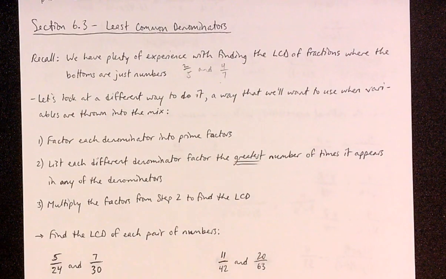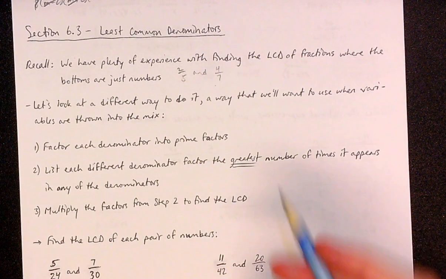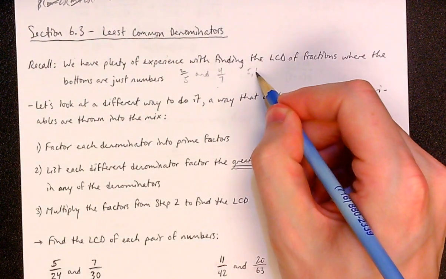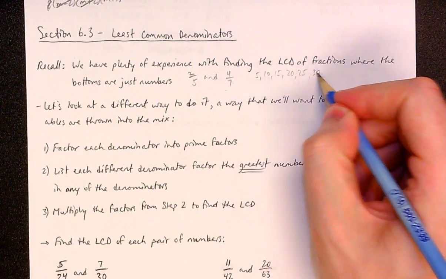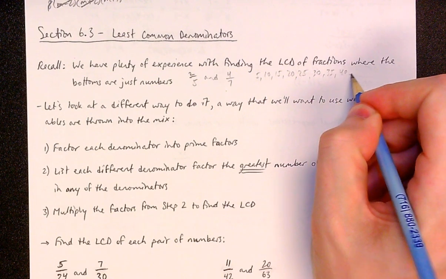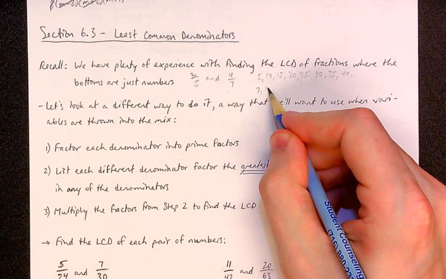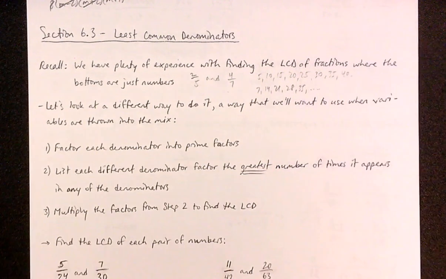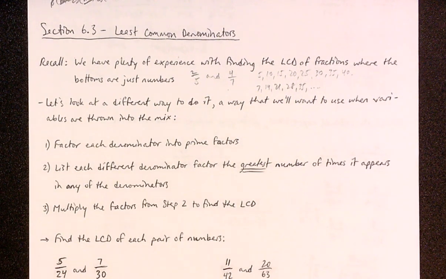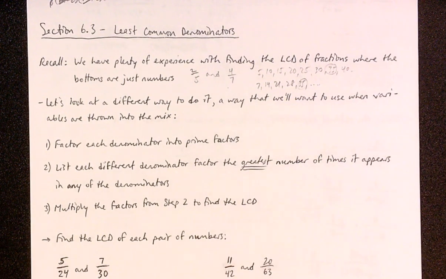If we had to find the LCD of these two fractions, we would write out all the multiples of 5: 5, 10, 15, 20, 25, 30, 35, 40, and so on. And then we do the same thing with 7: 7, 14, 21, 28, 35, and so on. And we just see what is the smallest number that is in common to each of these two lists. It's easy to see that 35 is the smallest number that appears in both of these lists.